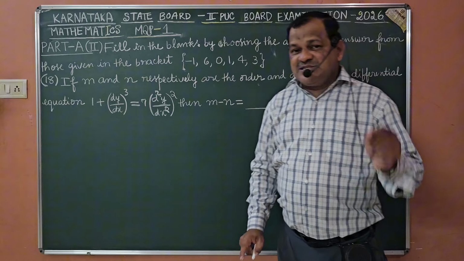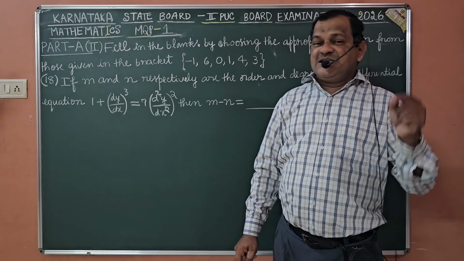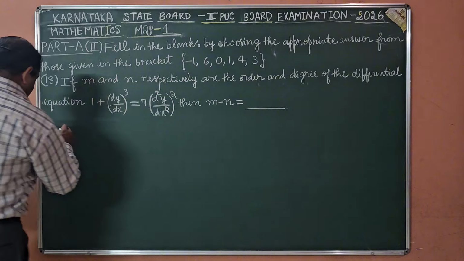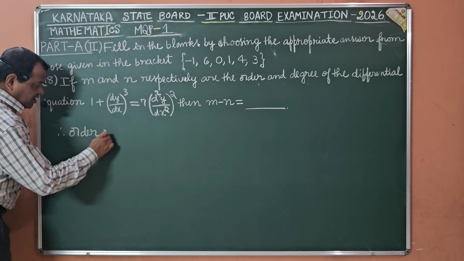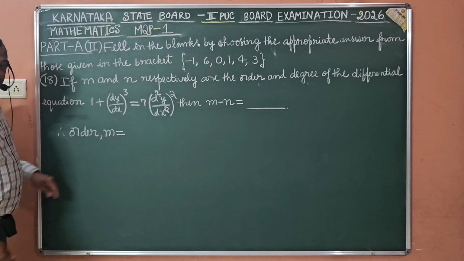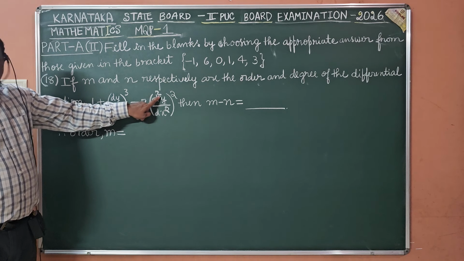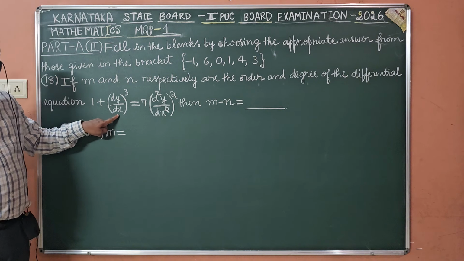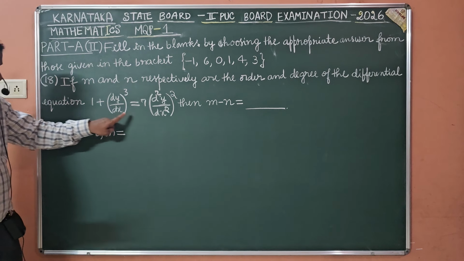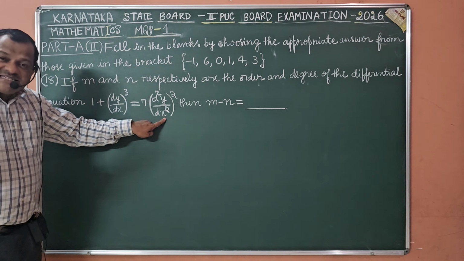So m means here order, n means degree. Therefore, order m of this differential equation is 2. So second order derivative present. This is first order, dy by dx first order. d square y by dx square second order.